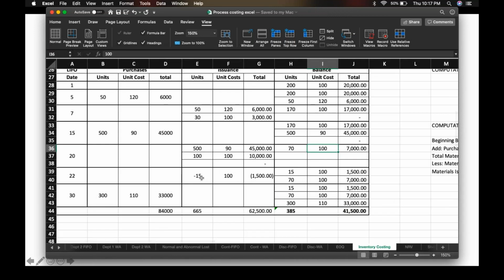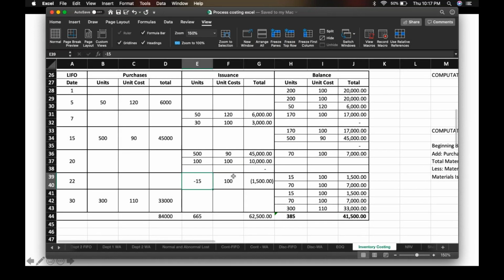And then kung may return, and since this return pertains to January 7, ito yon. Since we are also using last in, first out, yung last na dinala sa production is tag 100, yan din yung bumalik sa atin at tag 100.